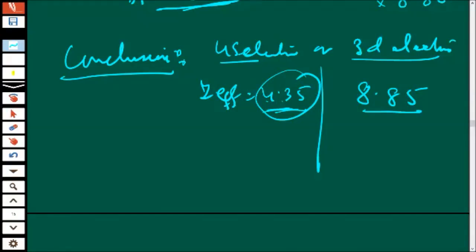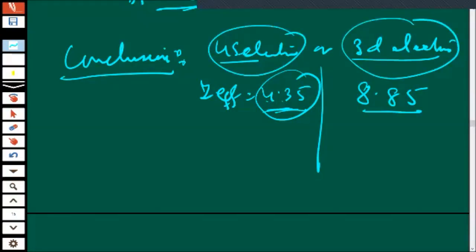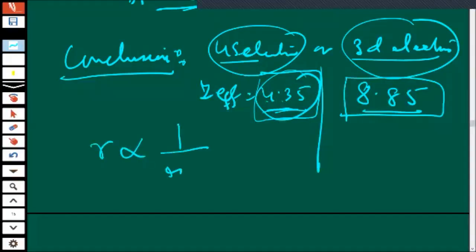If I ask which electron is loose in zinc, the 4s electron is looser than the 3d because it is affected by only this positive charge, while the 3d is affected by so much more. That's why I told you that radius is inversely proportional to Zeff. If Zeff is less, atomic size will increase.